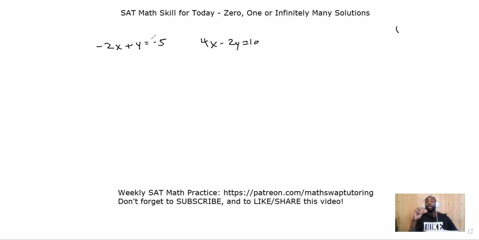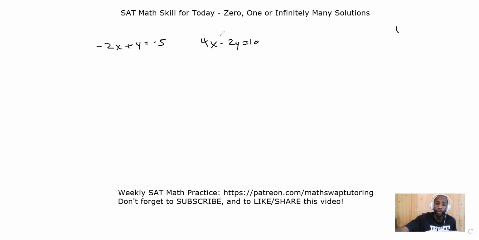All right, now look at this. So if you look at this here, negative 2x plus y equals 5, and then 4x minus 2y equals 10. Now, if you look at this, you wouldn't even necessarily have to solve it to see that there are going to be infinitely many solutions here. Because check it out.